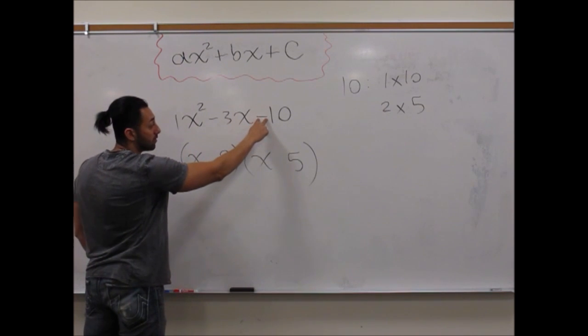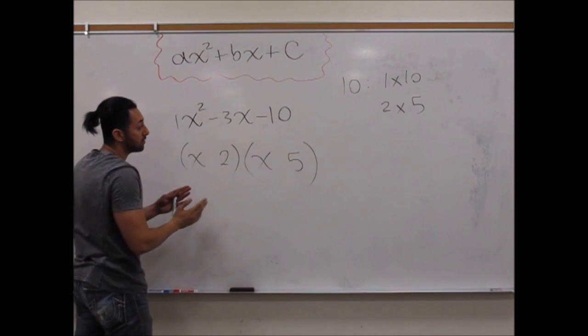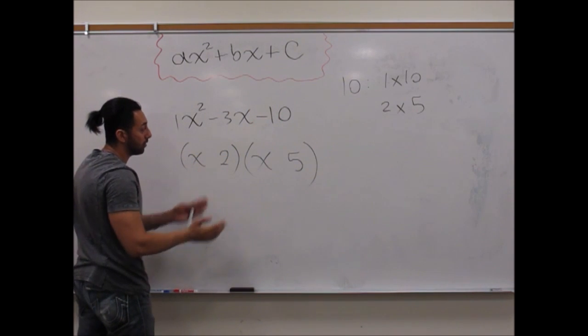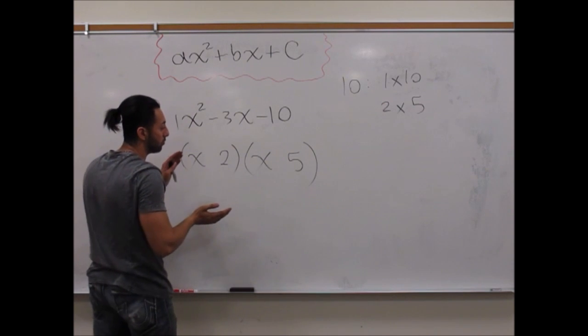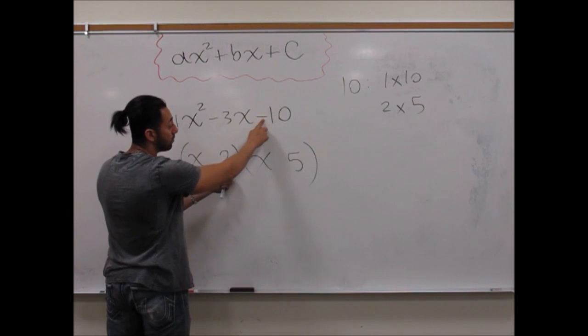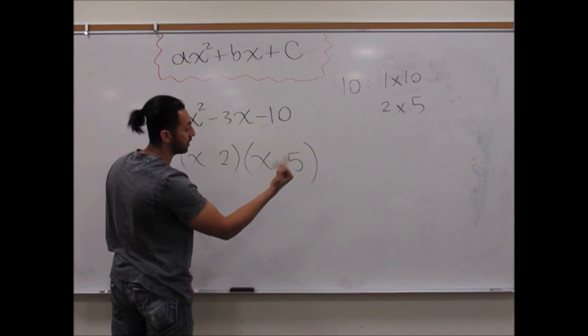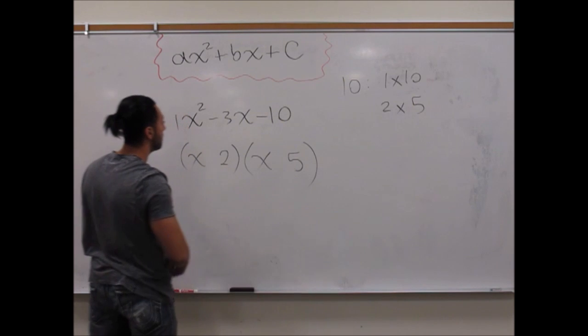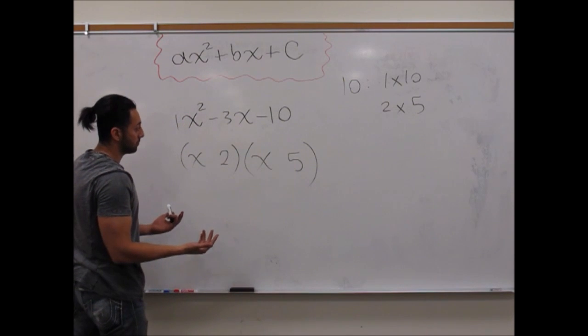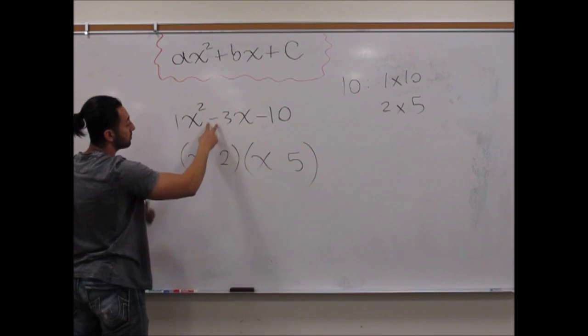Now this last term, which is C, is negative. That means, like I said, if you've been FOILing a lot, you know that the last 2 things you multiply together are these 2 constants here. So to get a negative out, you have to have a positive and a negative, right? So you're going to have the 2 signs case happening here. When that happens, you just take the sign of the middle term and give it to the bigger number.